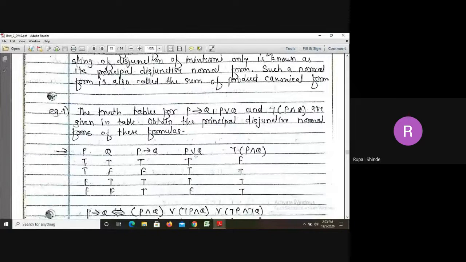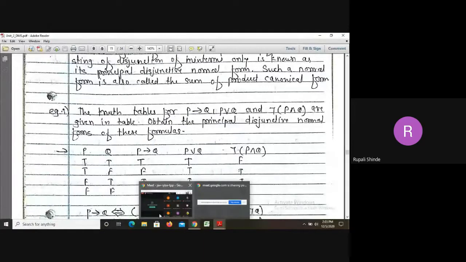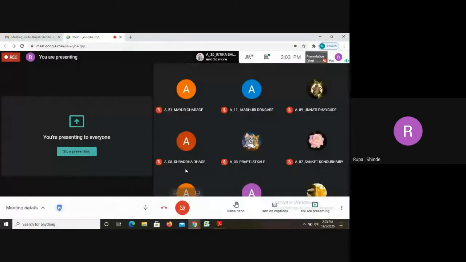How can we obtain PDNF for P or Q? Whatever you have understood, you have to explain it.